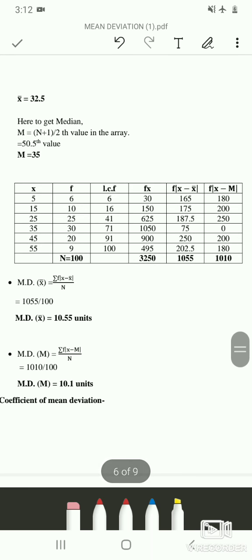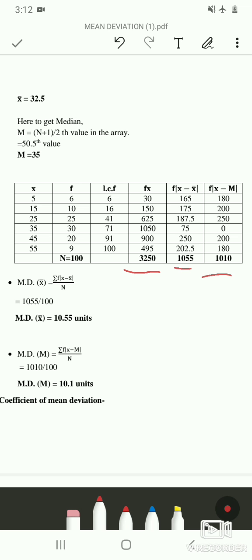So this is how you calculate the absolute deviations in case of discrete data. Once you get all the summation values, just substitute them in the formula. For the mean deviation from mean, the formula is summation f into absolute value of x minus x bar upon capital N. Here summation f into absolute value of x minus x bar is 1055 and capital N is 100.